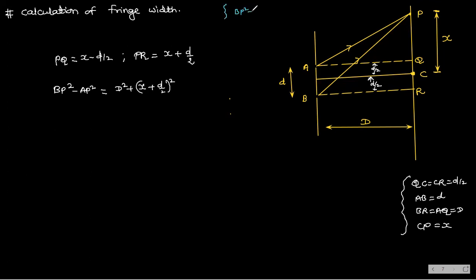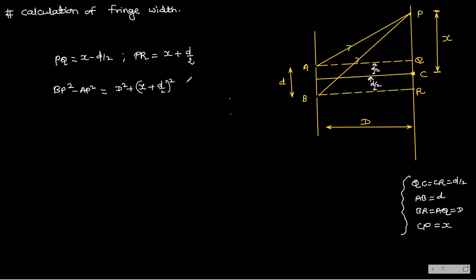BP square is equal to BR square plus RP square. And this BR square is D square, and RP or PR is X plus d by 2 square. Understood? RP or PR, no problem. I think now you understood. Similarly, AP square is also like that.